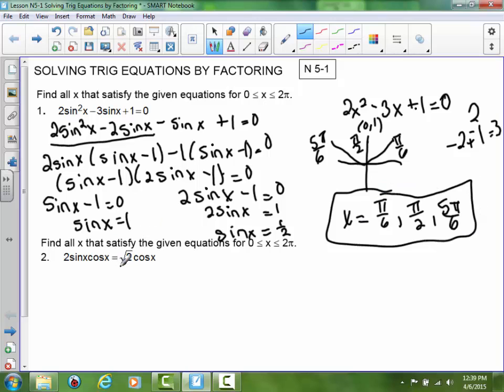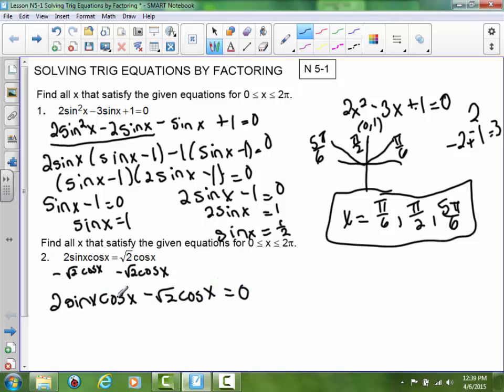Okay, let's look at the next one. We're not equal to 0, so we want to subtract square root of 2 cosine x from both sides. So we have 2 sine x cosine x minus square root of 2 cosine x equals 0.